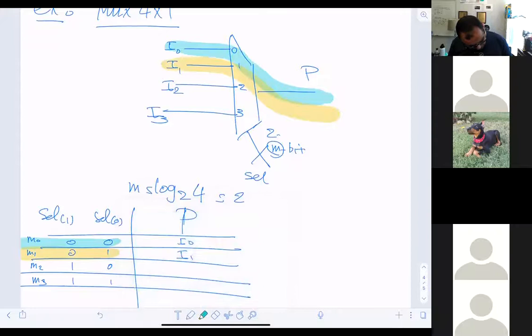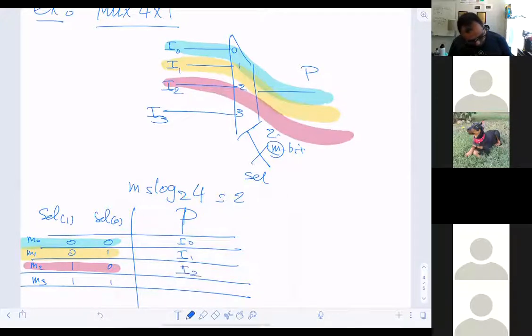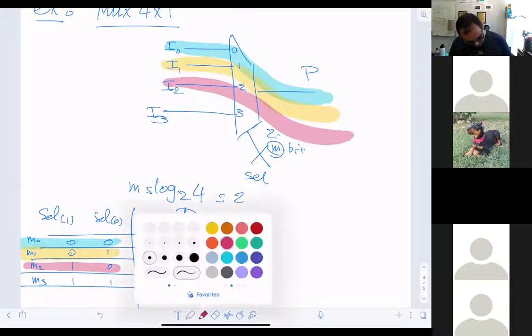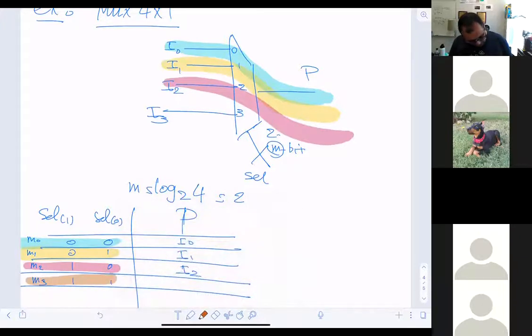When M2, my output will be I2. When M3, my output will be what? I3. So this is a table describing when the select changes, which input will be connected to the output. So far, so good?